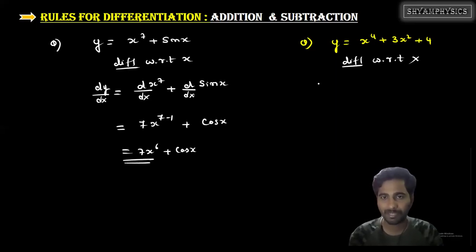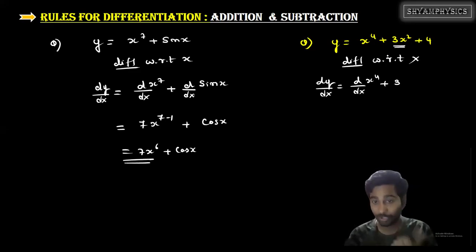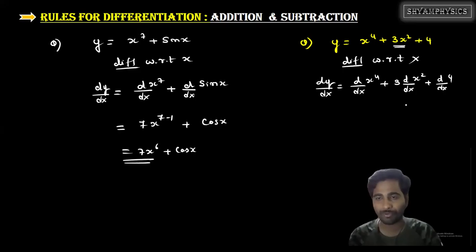Now first term, dy by dx. Differentiation of the first term, d by dx of x to the power 4, plus 3, it's a constant. When there is a product with a constant, take that constant outside and differentiate the term they have given, plus the last one is d by dx of 4.